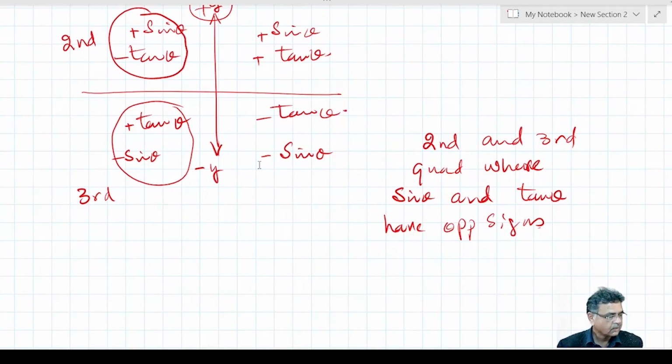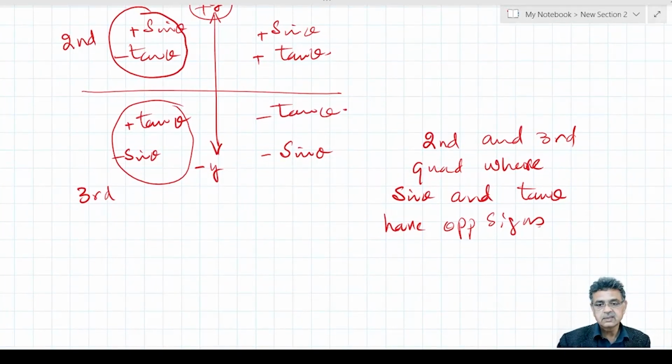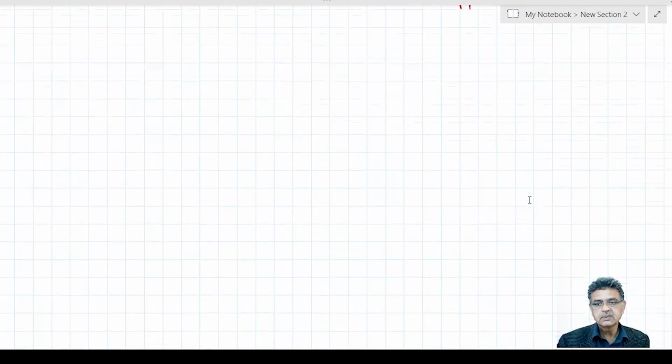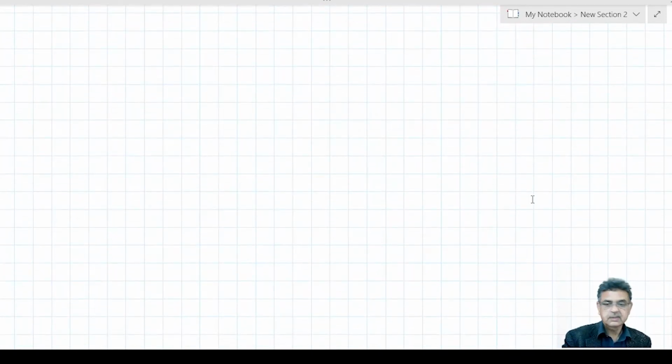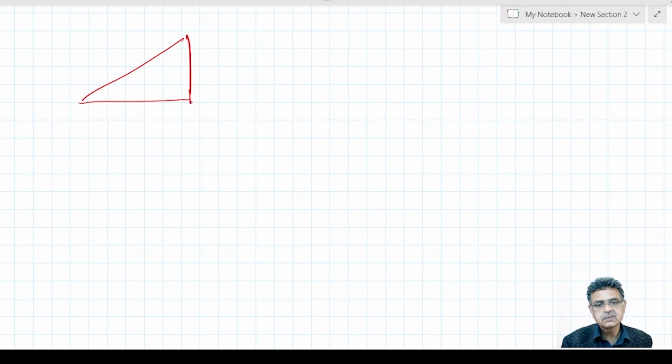Okay, now we will discuss a few more things. Without using a calculator, I remind you of the special angles. I asked you to make such triangles: 1, 2, and this will be under root 3.